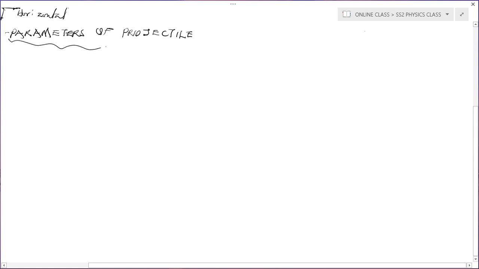What are the parameters of projectile? The first of these is the angle of projection. Angle of projection.